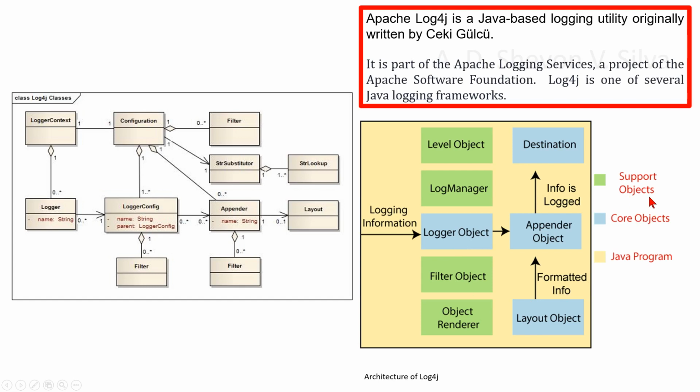Core objects. Core objects include the following types of objects: logger object, layout object, appender object.